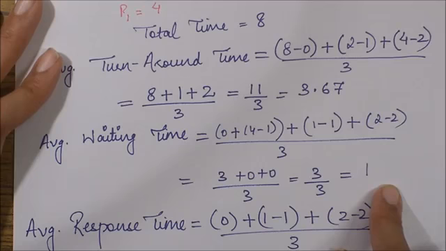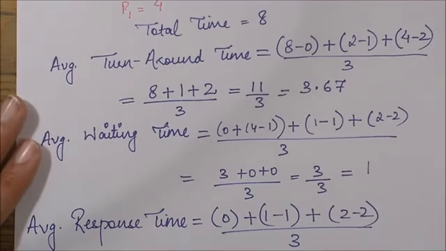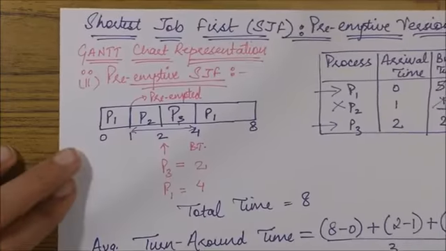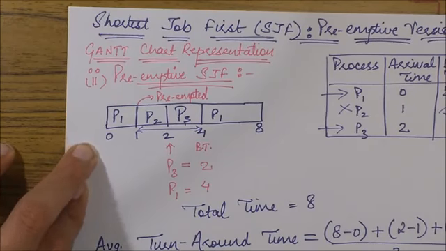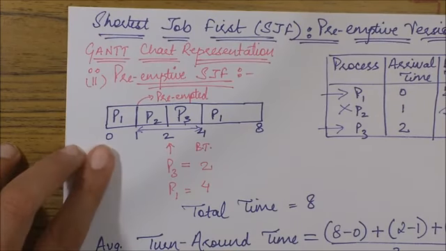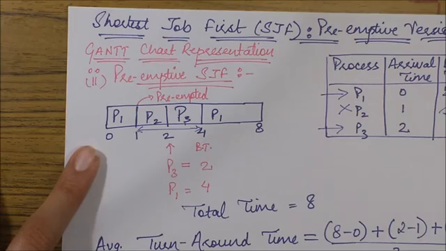We are going to compare the measures at the end, and then finally the average response time. The average response time is the sum of the response times of all the processes divided by the number of processes, which is 3 in this case. And what was the response time? The response time was the time instant at which you got the first response from a particular process, right? For P1, from the Gantt chart, I got the response at time instant 0 and its arrival time is also 0, so the response time is 0.